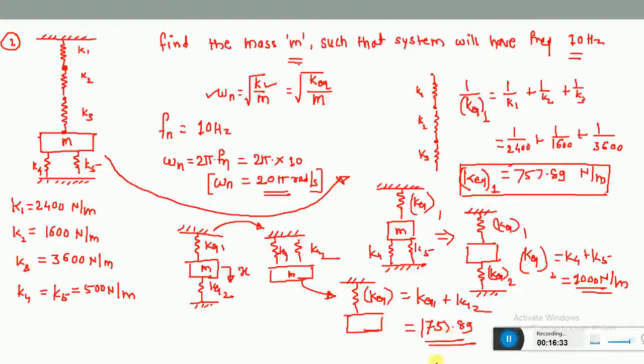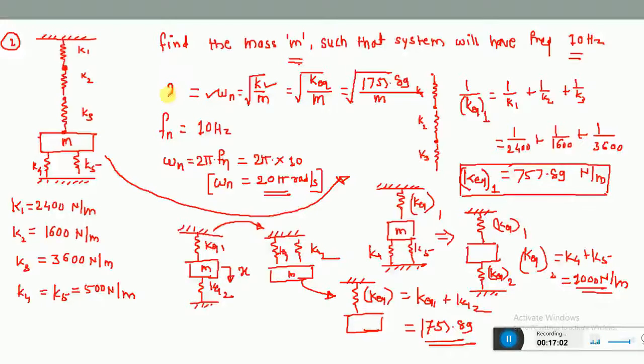Now put this value in this equation. 1757.89 divided by the mass of the system, which is to be determined, that is the unknown value, and equate this with the 20 pi radian. So this value is given.